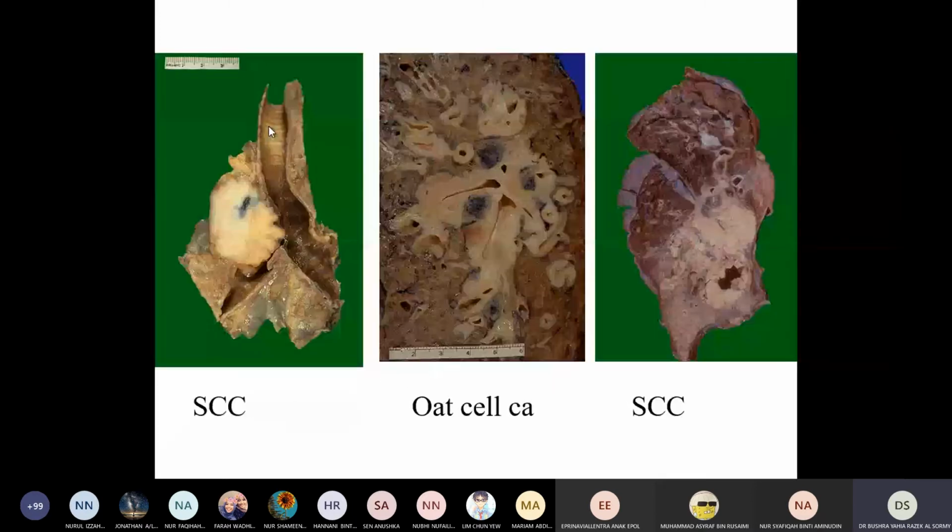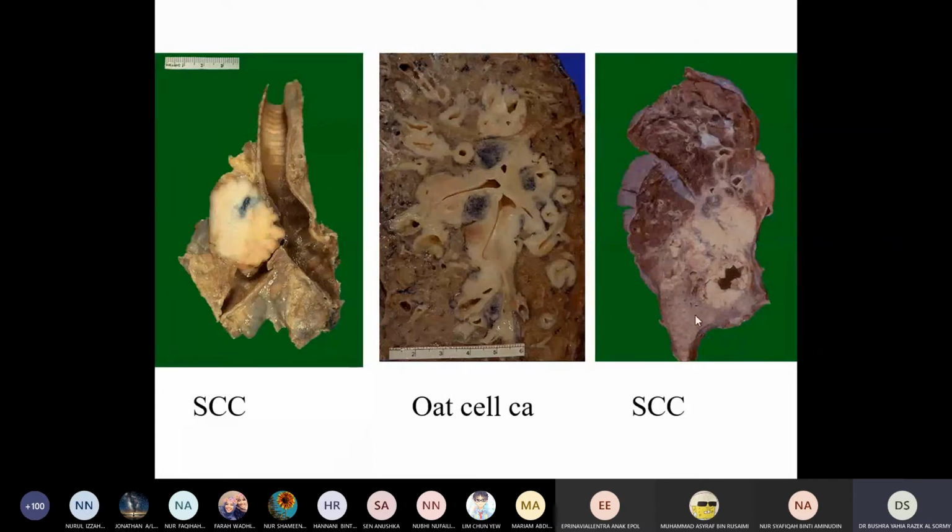You can see here, this is the bronchus, this is the hilar area, and the tumor arises from the bronchial wall. Can you see those small ones? The bronchial tree, the tumor actually arises from this, and you can see the black color indicates this patient is a heavy smoker. You can see the smoking there, and this is the tumor inside the bronchial wall.